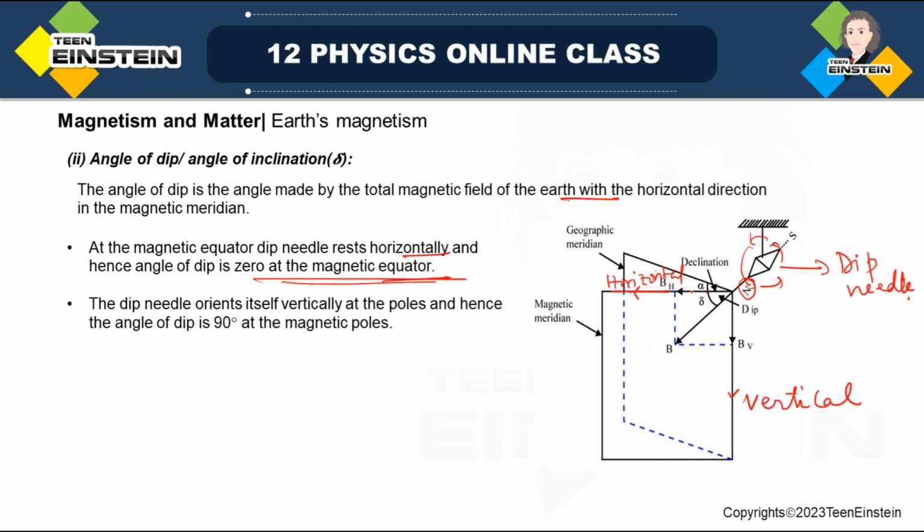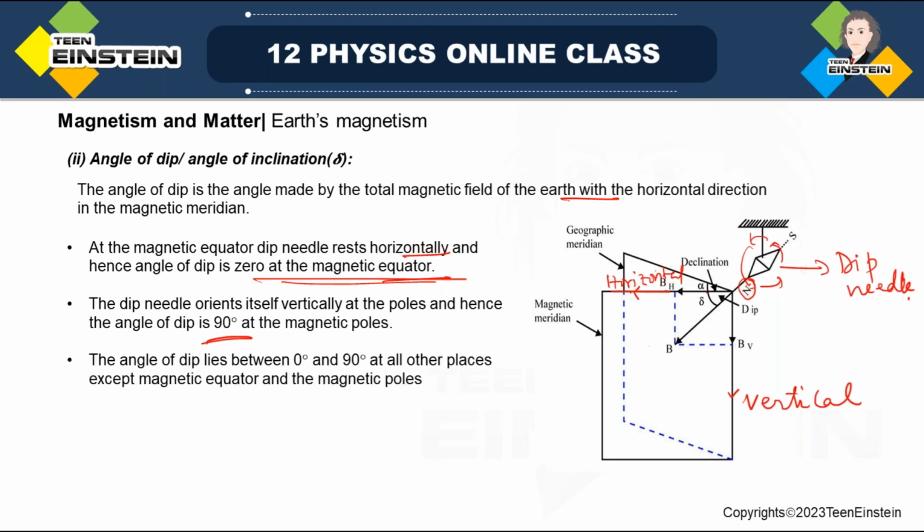And what will be the angle of dip at the pole? It will be 90 degrees, because the needle will orient itself vertically at the poles. Hence, the angle of dip is 90 degrees at the magnetic poles.